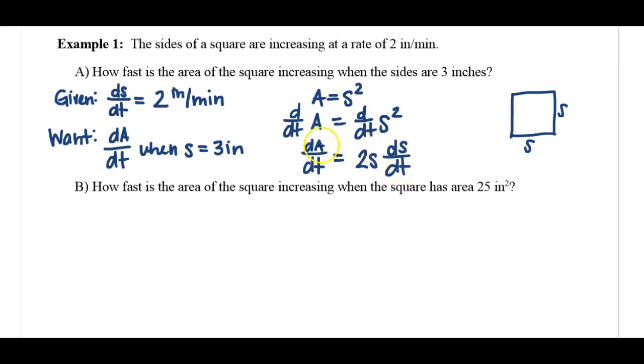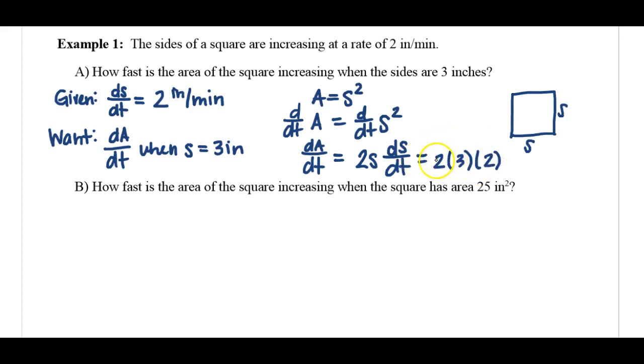So I wanted dA/dt when the side is 3 inches. So I'm about to plug 3 into this S right here, and I'm given dS/dt is 2 inches per minute. So in other words, dA/dt is 2 times 3 times 2.